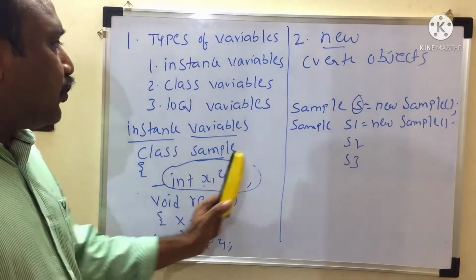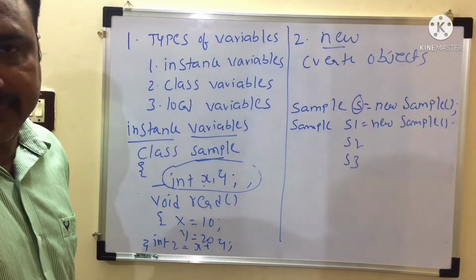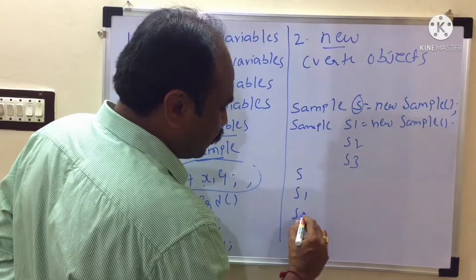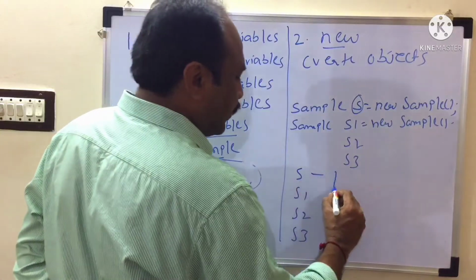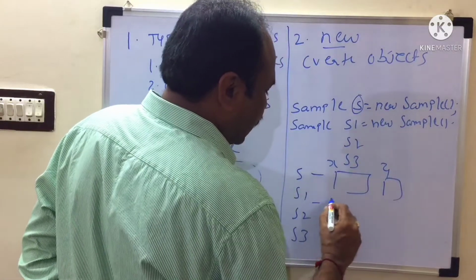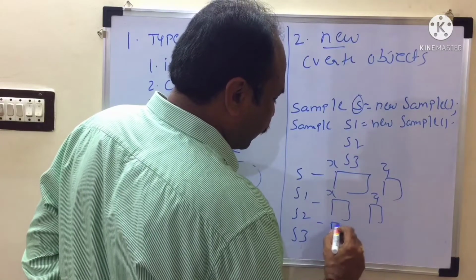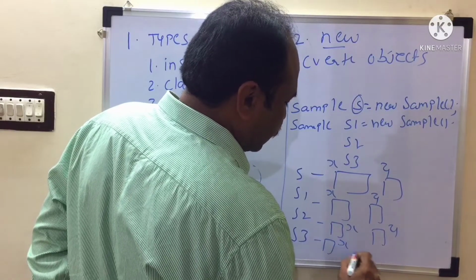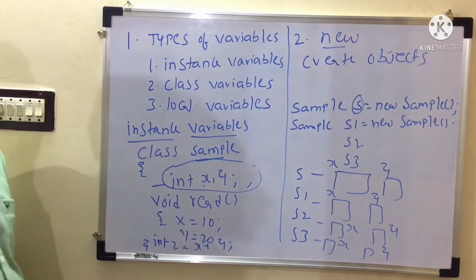When you create an object of a class, the object means an instance of the class. How many objects did I create? s, s1, s2, s3. For every instance, one copy of the x variable and y variable is created. Every time while creating an object instance, one copy of x and y variables is created. Hence, these variables are referred to as instance variables.